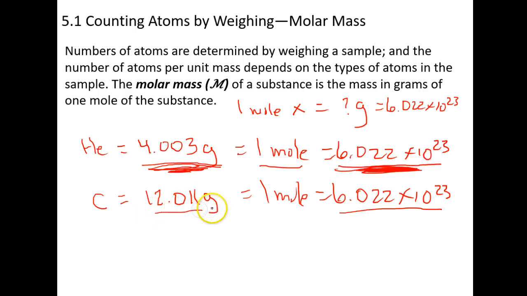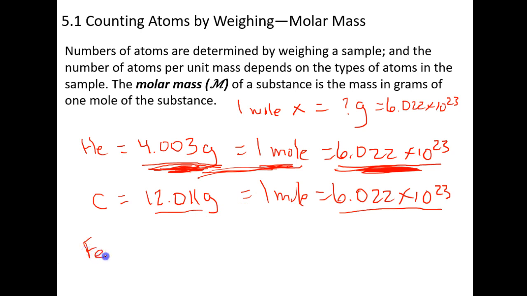How did I know that? Well, I looked on the periodic table. So if you look at this, these look like conversion factors, don't they? It takes information of one thing and converts it into something else, and it's an equality of some sort. So your whole periodic table is conversion factors.